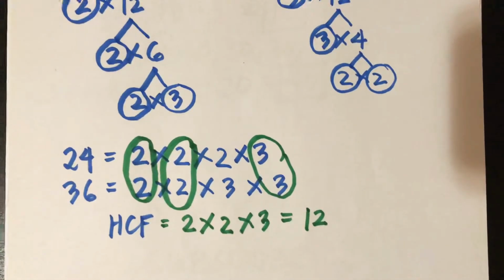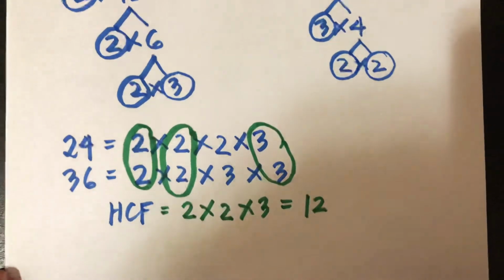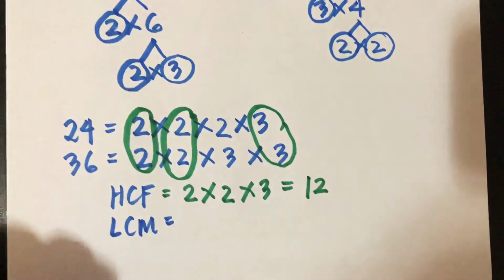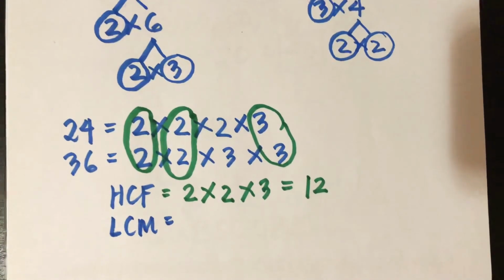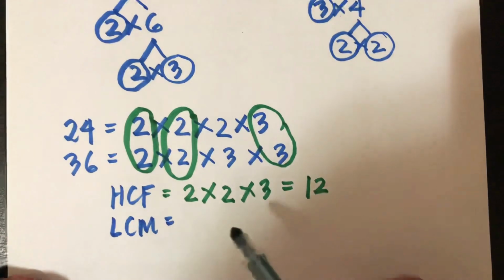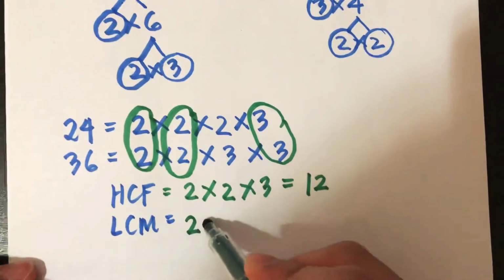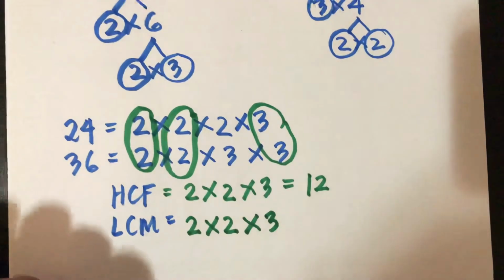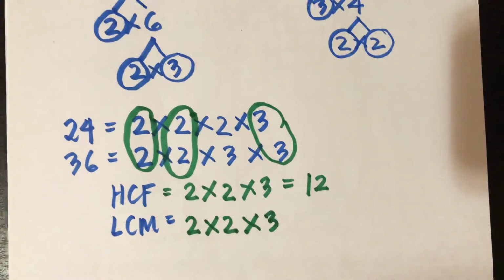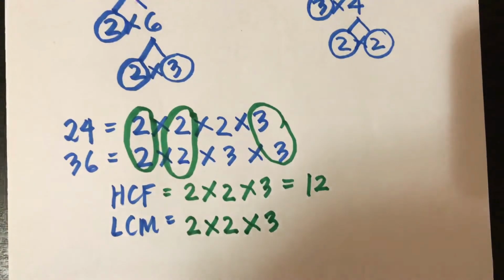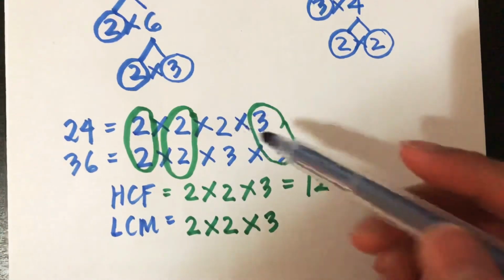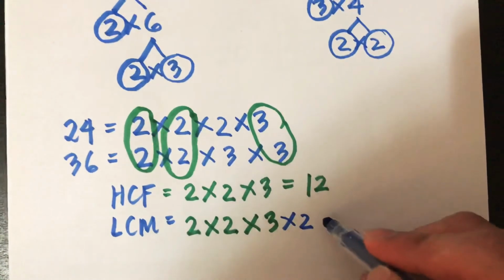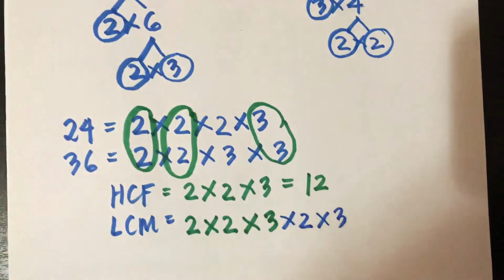Now, how to get the LCM now? Okay? To get the LCM, what we're going to do is list down all the common factors that we have. So in this case, we have 2 times 2 times 3. Okay? Then after that, we're going to put there all the remaining numbers, which is 2. So you have times 2, then you have times 3. Okay?